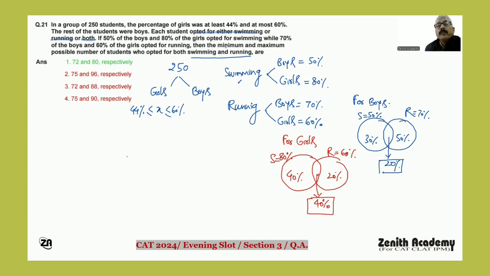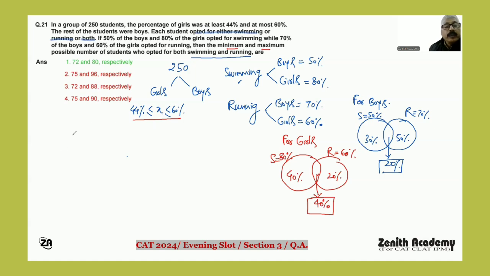Now the question is the minimum and maximum possible number of students who opted for swimming and running. Look here. Girls are 44% and 60%, any number of the girls, at least 44% or at most 60%. Okay, so two cases.